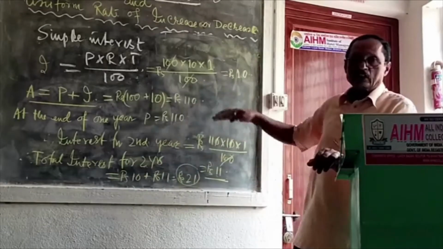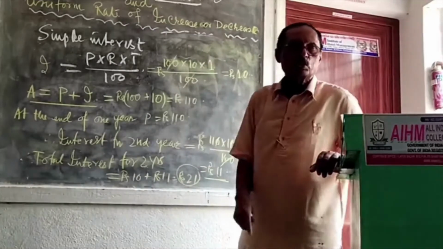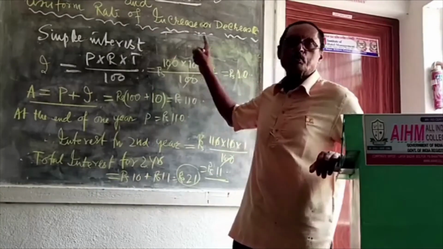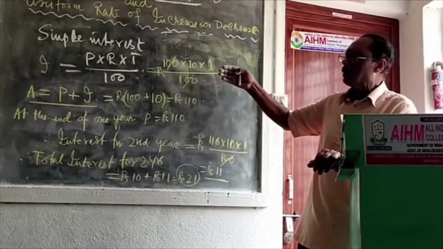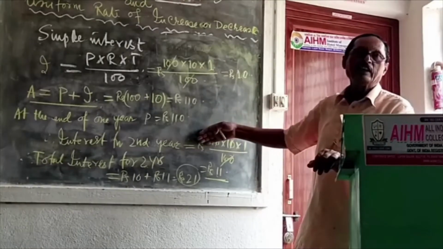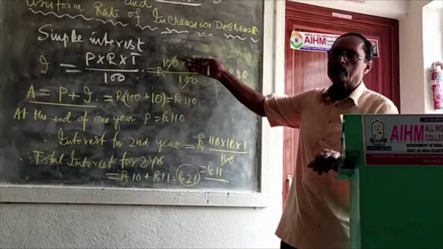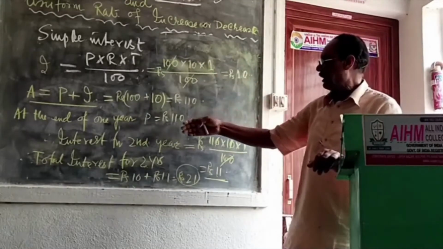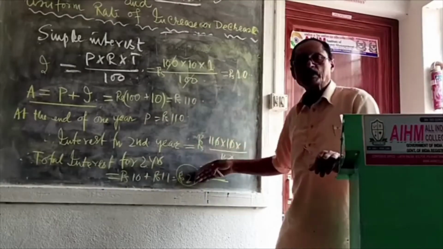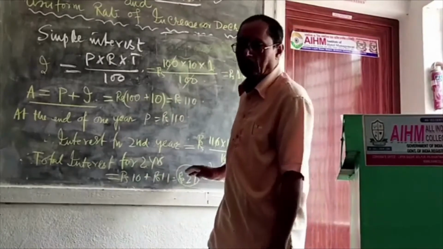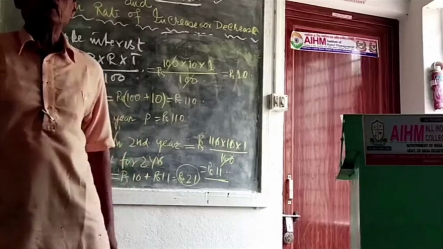A difference is created when we calculate the interest for 2 years together with simple interest, where we got rupees 20, and when we calculate the interest for the first year and the second year separately, with principal rupees 100 for the first year and rupees 110 for the next year. This difference of interest is because of compounding the principal with interest.